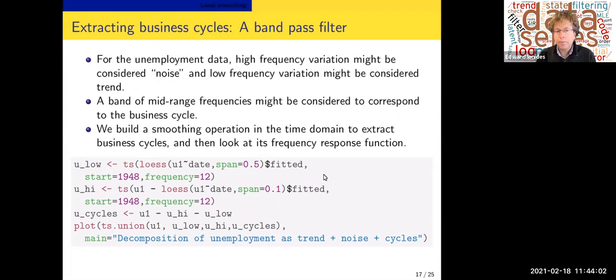And so now we've extracted off a trend for the more structural component. We can subtract off an estimate of the high frequency component by using a much smaller span here of 0.1, and we can see what we're left with. This is sometimes called a trend noise cycle decomposition of the data.